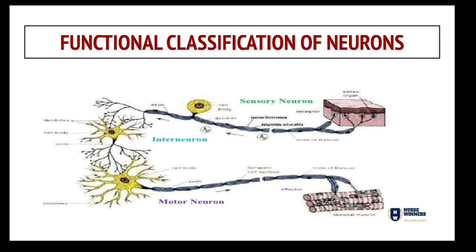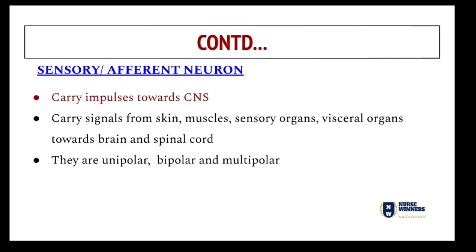These are the structural classification of neurons. Next is the functional classification of neurons. It means based upon the functions of the neurons, they are classified into three different types. First one is called as sensory neuron. The other name for sensory neuron is afferent. Afferent means towards. So sensory neuron usually carry the messages or else nerve impulses towards the central nervous system.